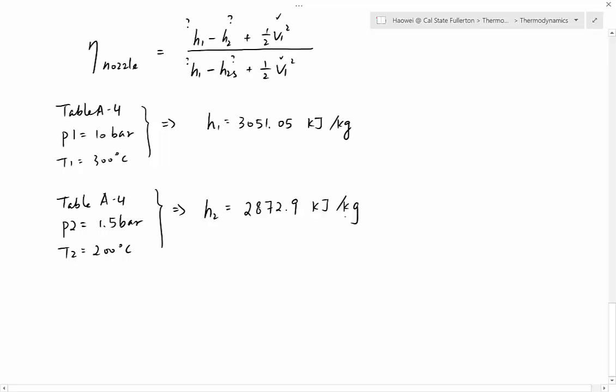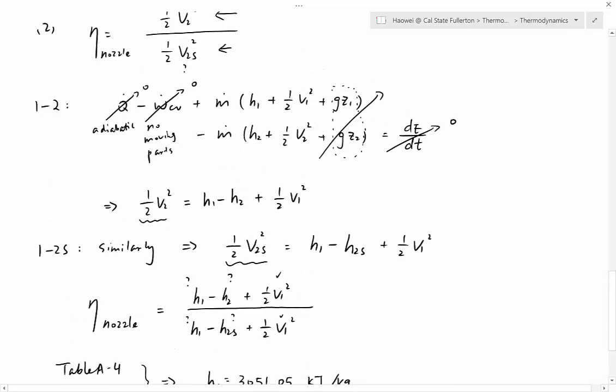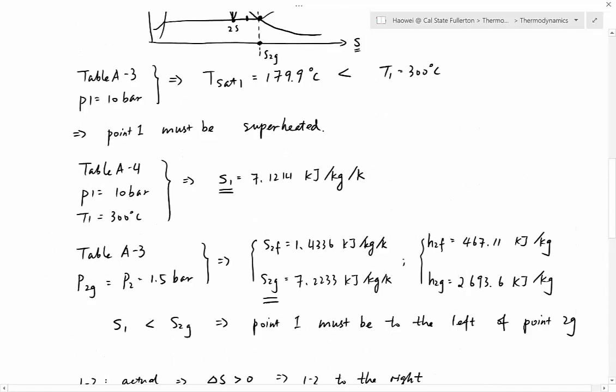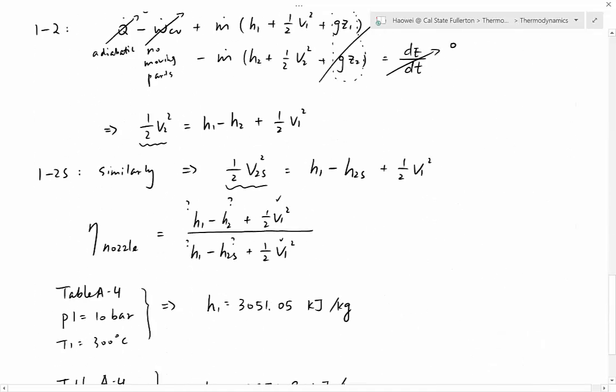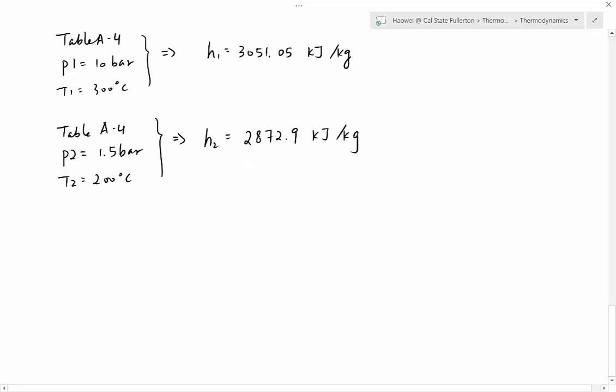The only thing left is to find H2s. And again, the first thing you need to do is to identify the phase. Okay, what is the phase of point 2s? Let's take a look. Point 2s here is within the vapor dome. So point 2s is a mixture. If you look for the property of a mixture, what do you have to do?